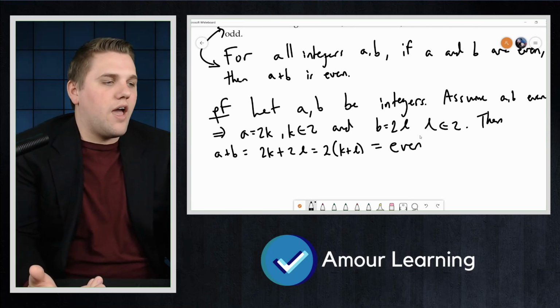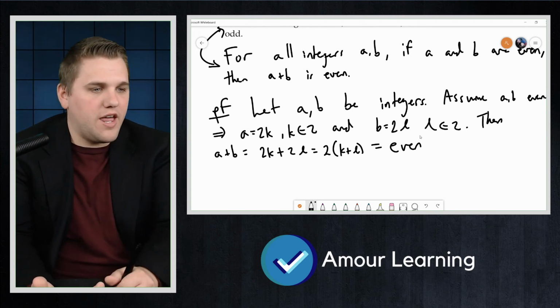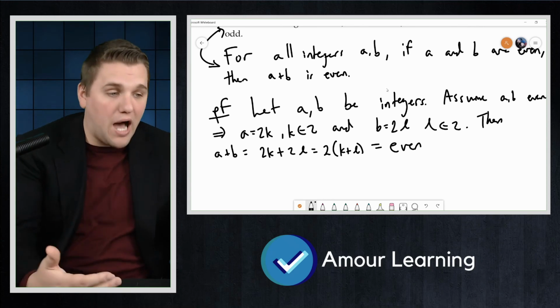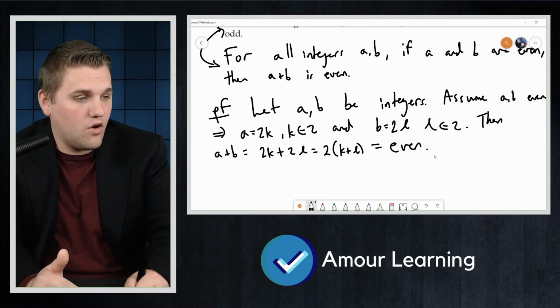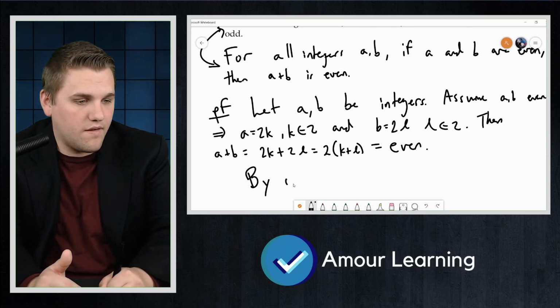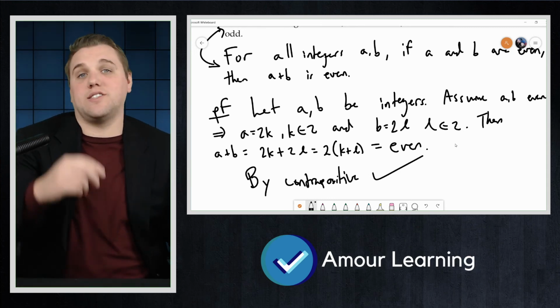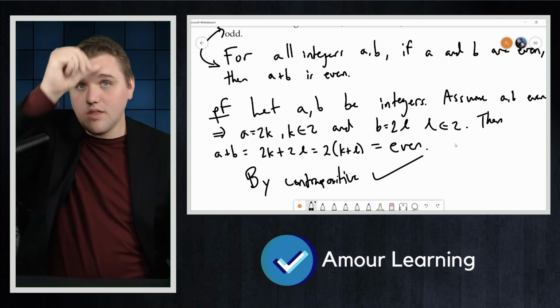And we're done. We proved then that a plus b is even. And so by contrapositive, we're done. That should say contrapositive, we're done.